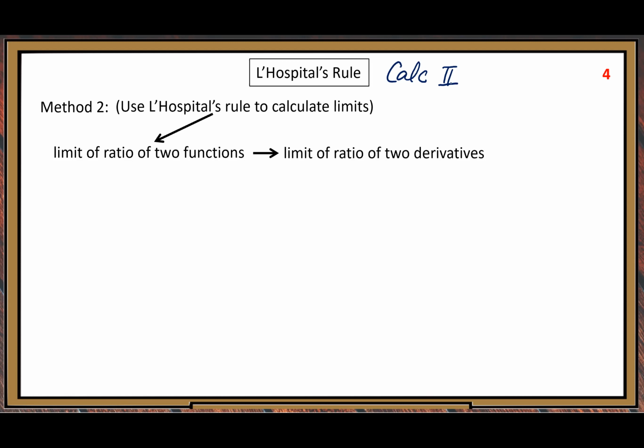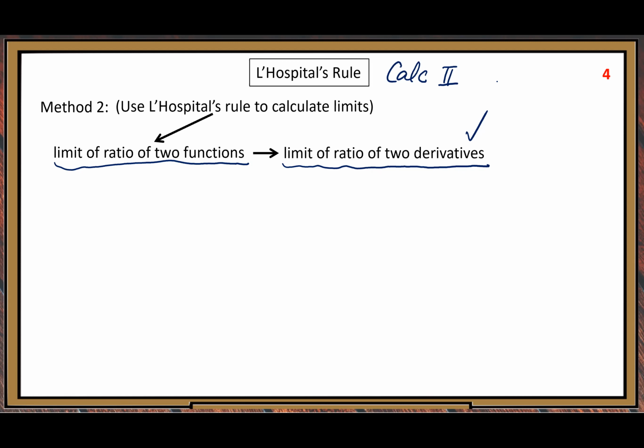But many times, working on it directly is not easy, pretty hard. L'Hopital's rule tells us we can convert it to the limit of the ratio of two derivatives. Derivatives will be easier, and then you can calculate the limit in an easier way. So that's L'Hopital's rule.